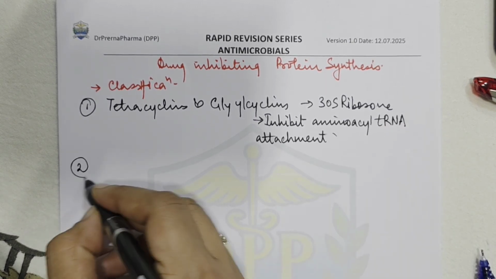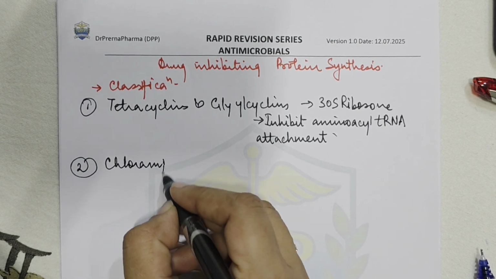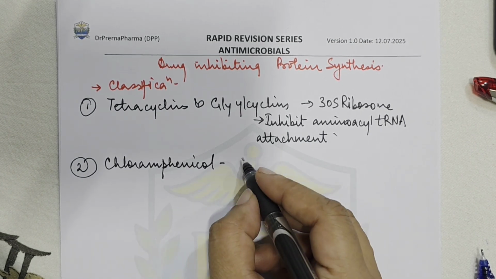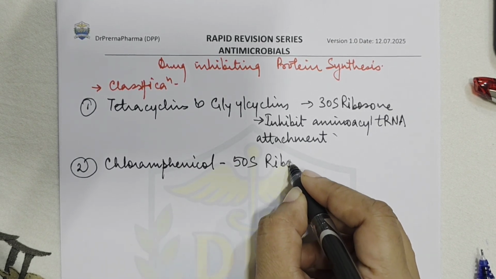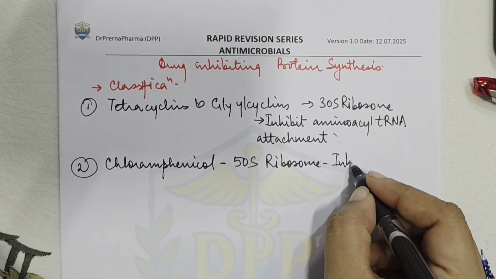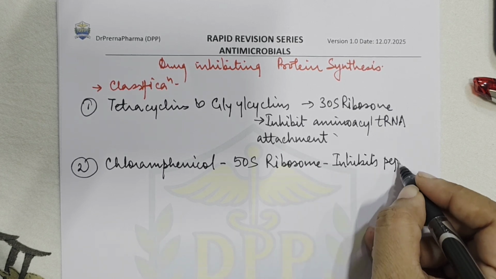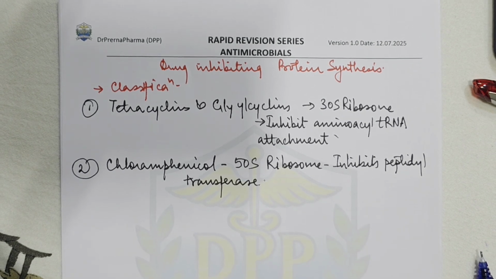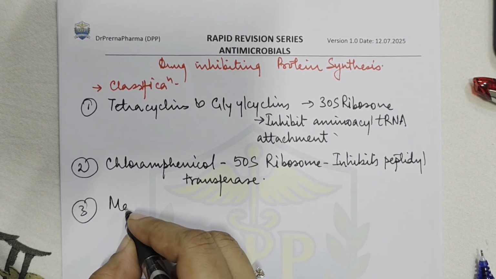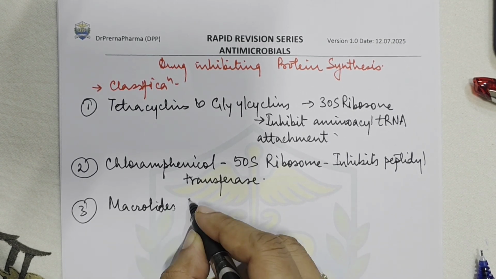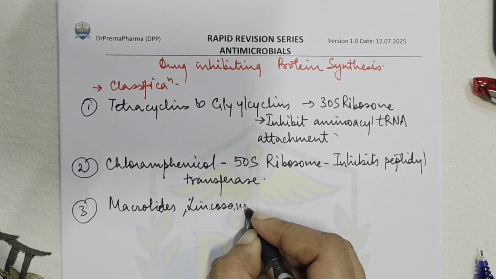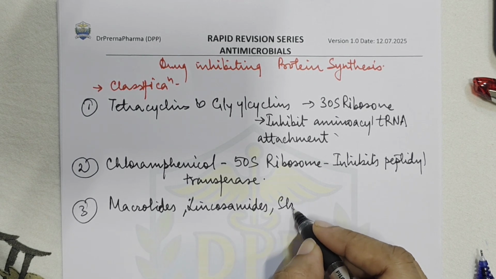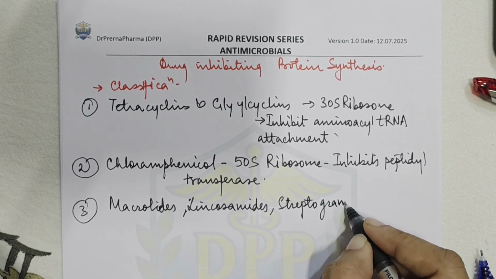Okay. Second is chloramphenicol, and this binds to the 50S ribosome and it inhibits the peptidyl transferase. Okay. Next is macrolides, lincosamides and streptogramins.